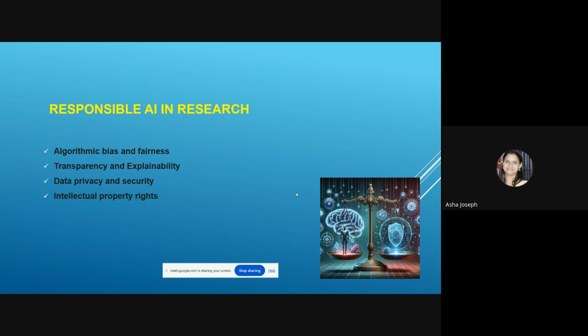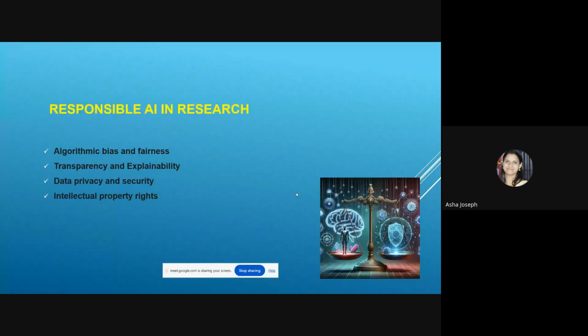Coming to the next point, transparency and explainability. AI models can be complex and opaque, which makes it difficult to understand how they arrive at their conclusions. So as a researcher, we must strive to develop transparent and explainable AI models.